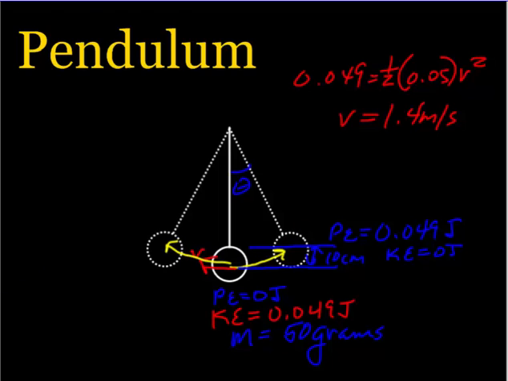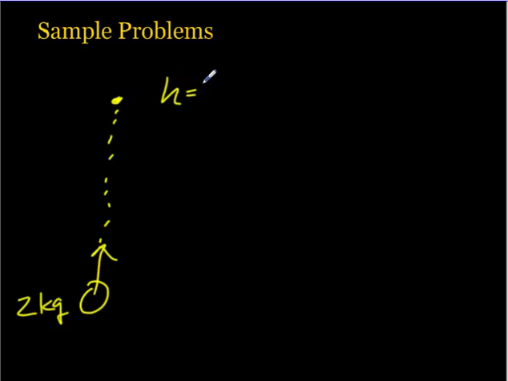So let's do one more problem. Let's say I have an object, and let's give it a mass of 2 kilograms. And let's just throw it straight up. And what I want to know is, let's say it goes up to a height of 14 meters.